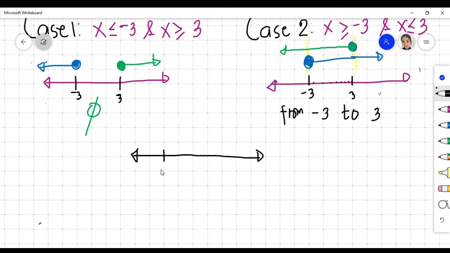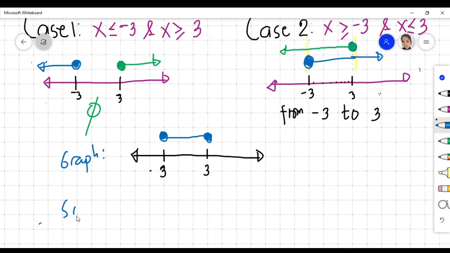So this is our negative 3 and our positive 3. So it will look like that, right? So this is our graph for x squared minus 9 less than or equal to 0.